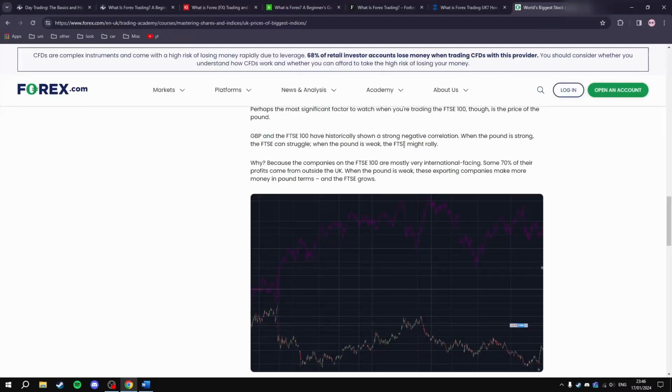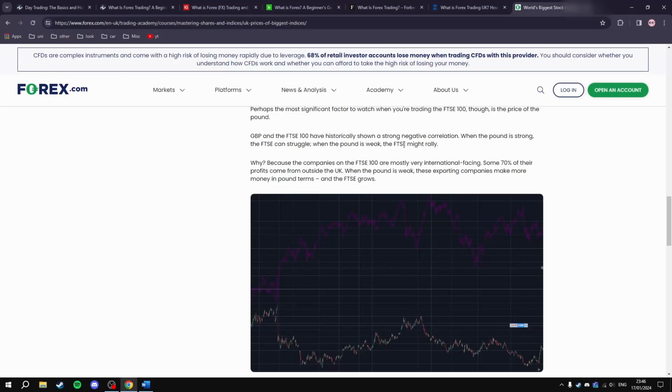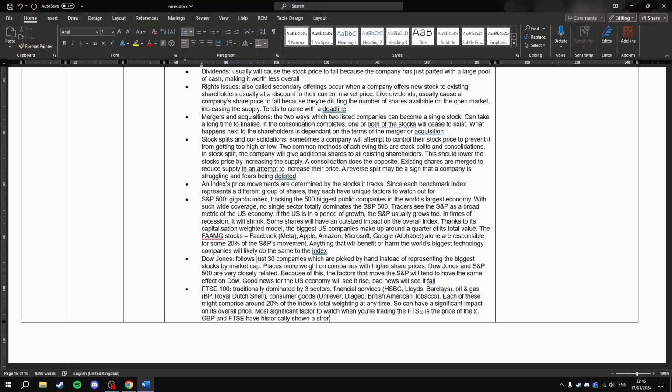GBP and the FTSE 100 have historically shown a strong negative correlation.